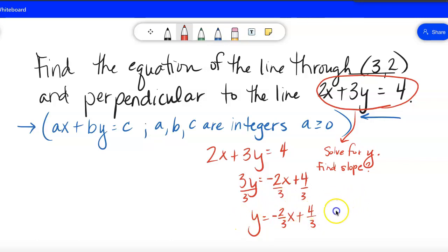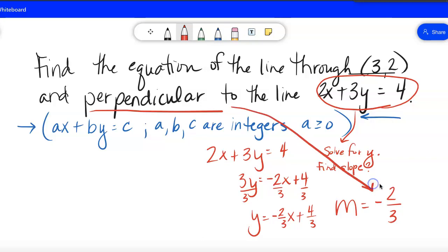So all I did that for was to help me find its slope. Well, the slope of this line is -2/3. We want our line to be perpendicular to -2/3. So our line is going to have a slope that is positive 3/2, the negative reciprocal.